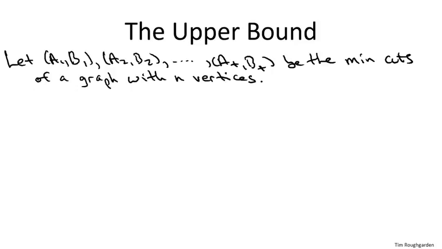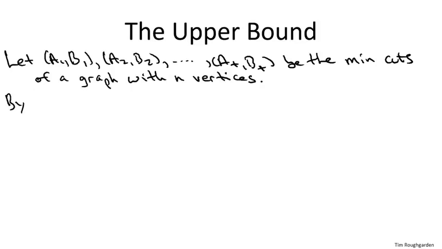So how is that useful? Well, let's apply it here. For each of these t minimum cuts of this graph, we could think about the probability that the contraction algorithm outputs that particular min cut. So we can instantiate the analysis with a particular minimum cut, (Ai, Bi).